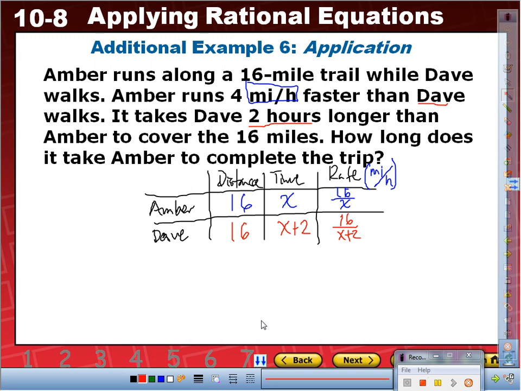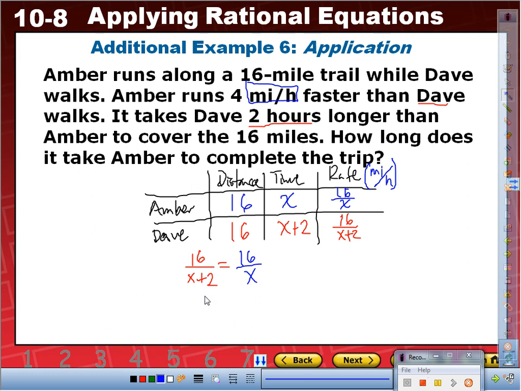Now check this out. I'm going to take this information and do this. I have 16 over x plus 2 equals 16 over x. Are we there?